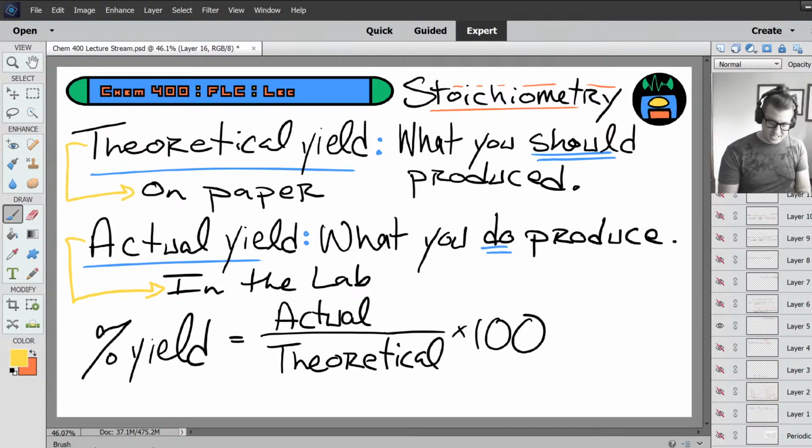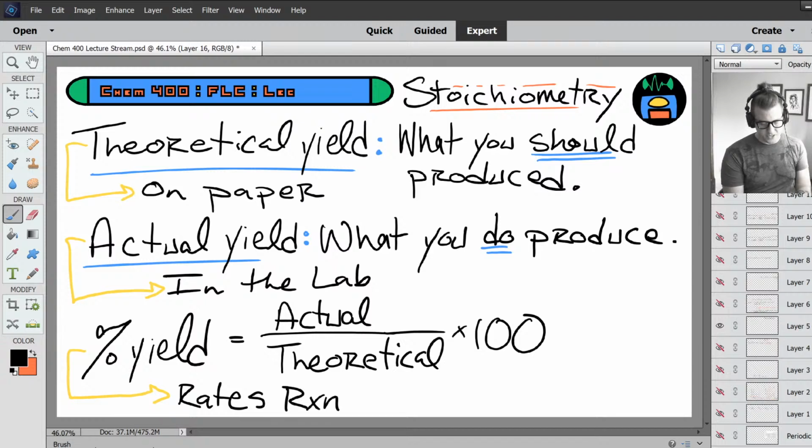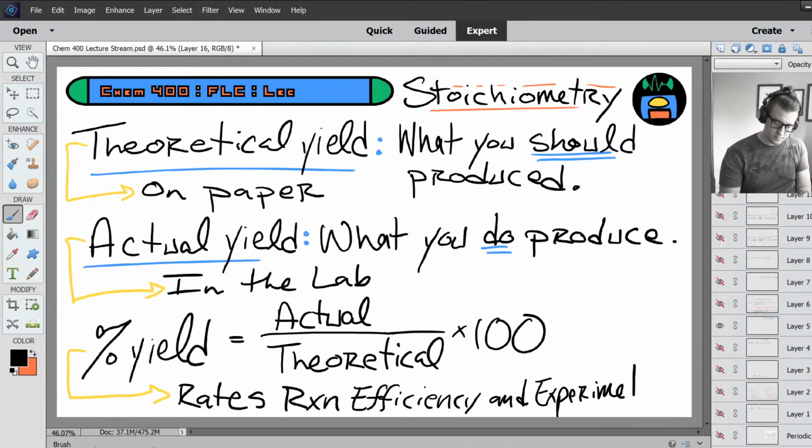And your percent yield rates the reaction efficiency and the experimental technique of the person doing the reaction.